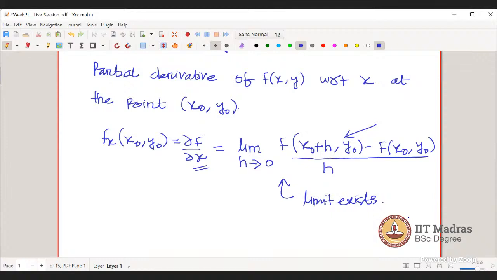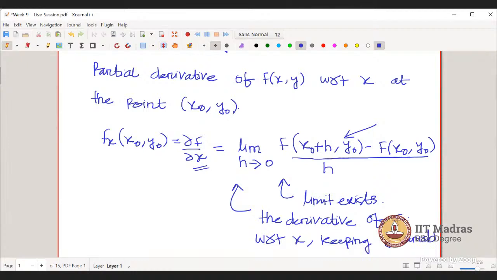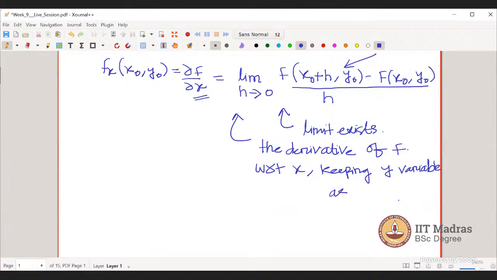So it is basically the derivative of f with respect to x, keeping the y variable as a constant.